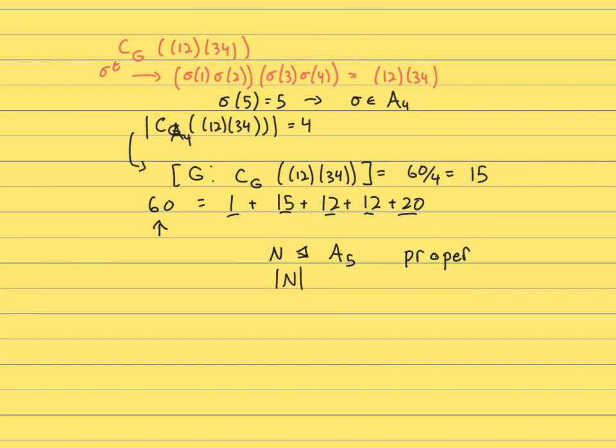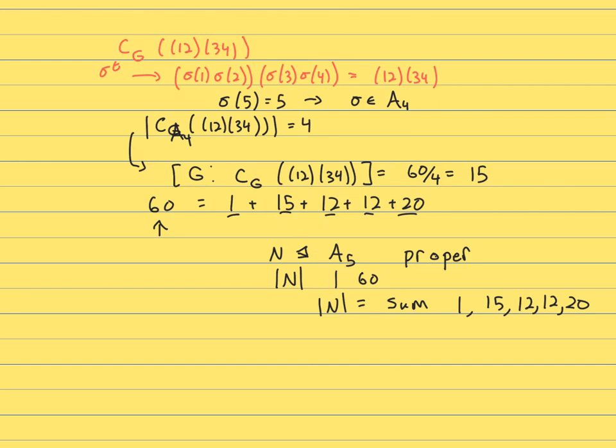We need the size of N to be a divisor of 60, and we need the size of N to be a sum of 1, 15, 12, 12, and 20. In other words, it has to be a union of these conjugacy classes.